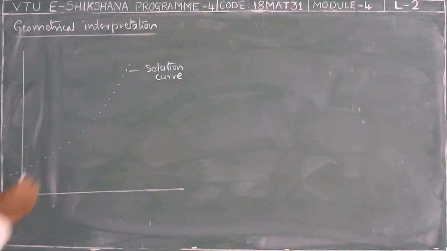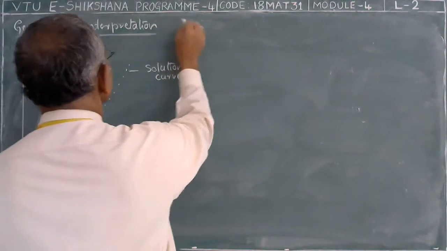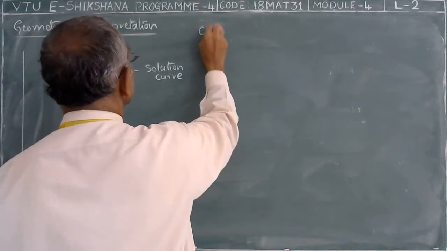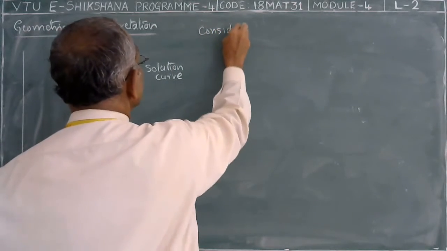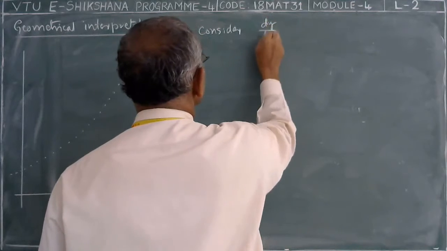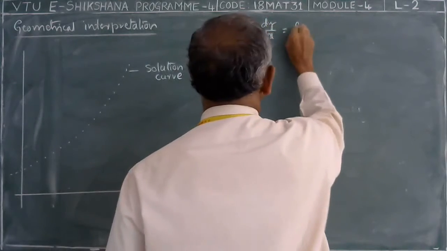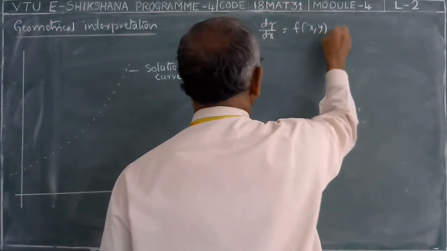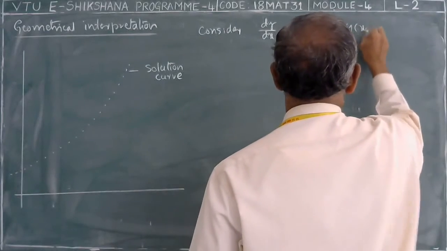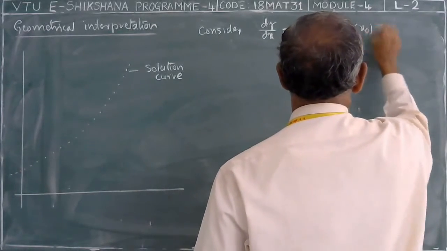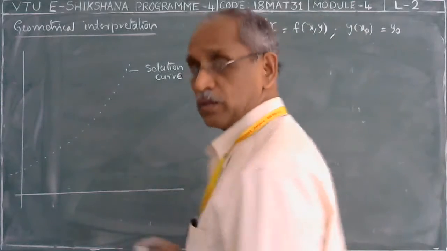Consider dy by dx is equal to f of x comma y with initial condition y is y naught at x is equal to x naught.